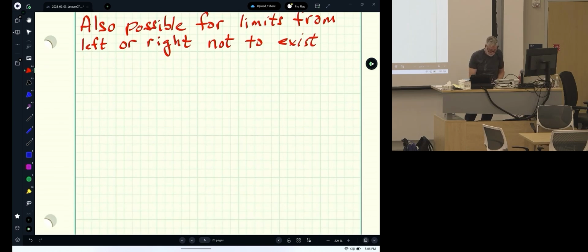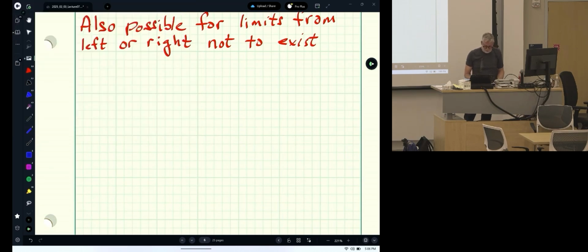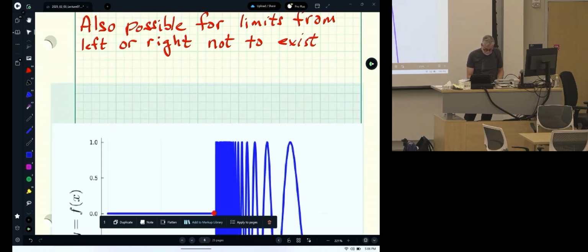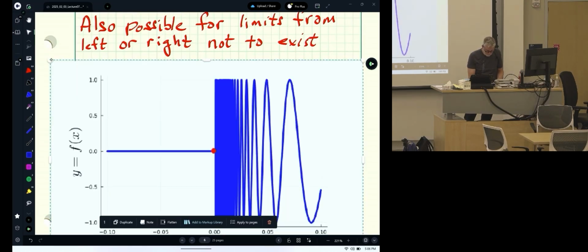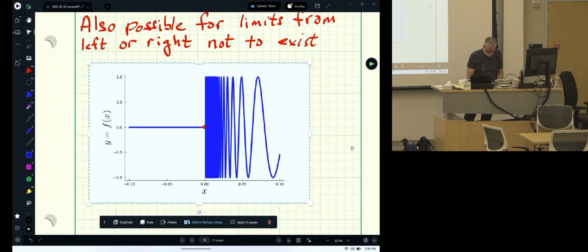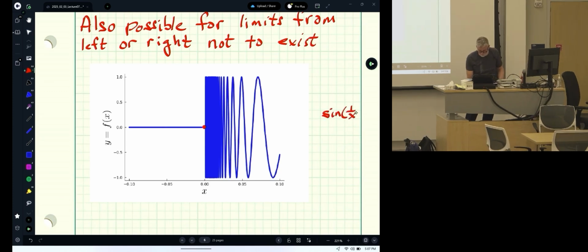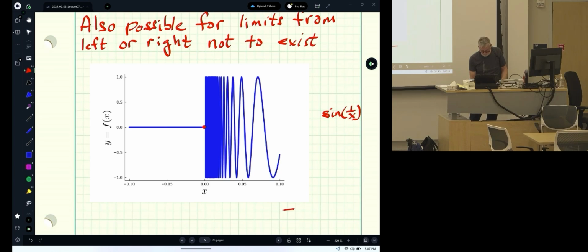And this is the classic one. I would draw it, but my drawing skills are a little bit weak. So this function is sine of 1 over x, and we're taking x goes to 0.